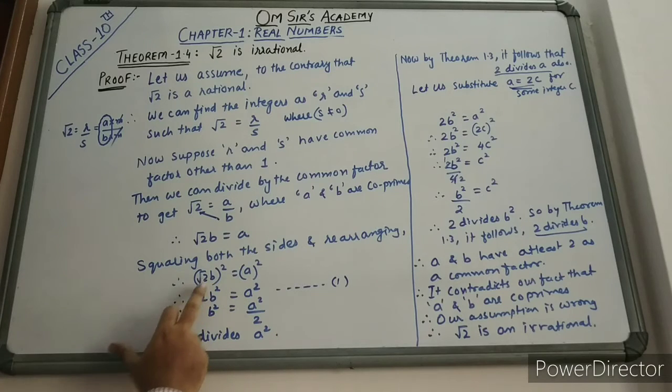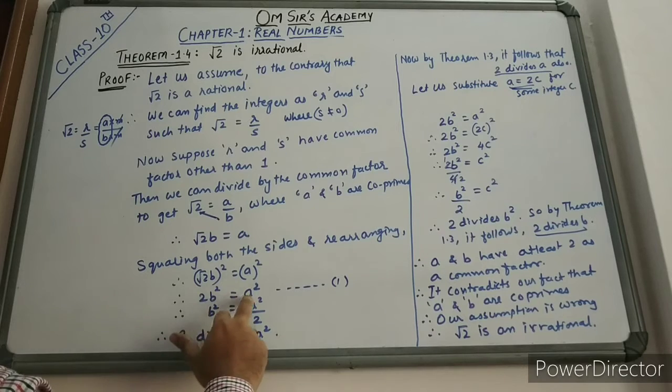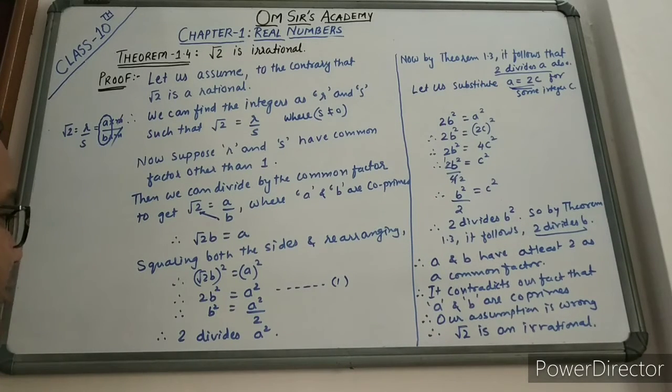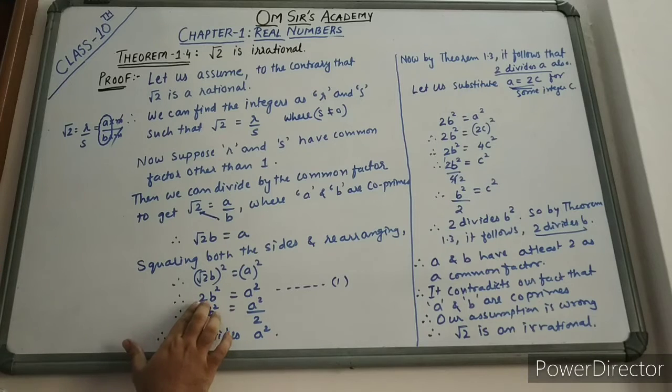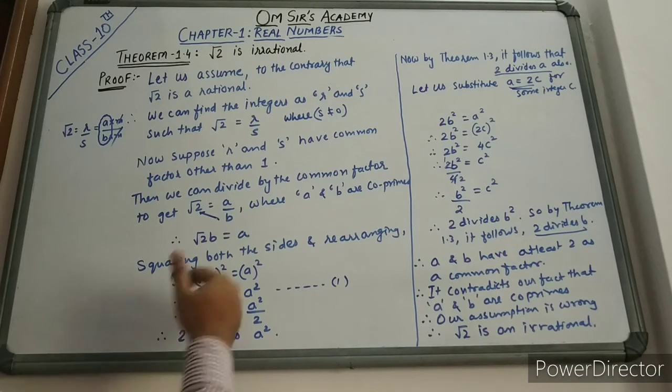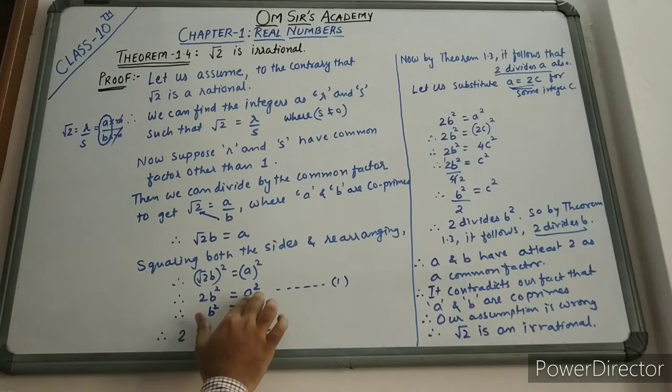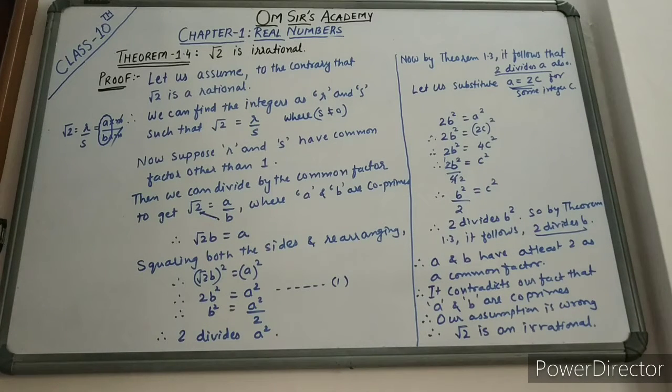So root 2 square will be 2, and b square is equal to a square. So this is my equation 1. Now this 2 is multiplied, I take that 2 to the next side, so it will get divided. So b square equals a square upon 2.